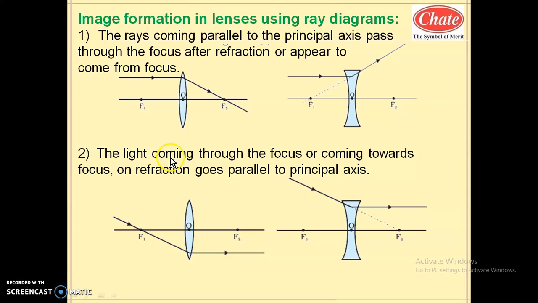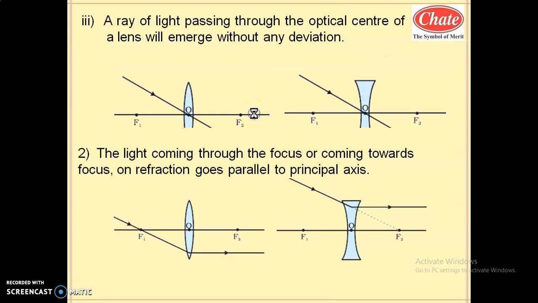The light ray coming through the focus or coming toward the focus, on refraction goes parallel to the principal axis. So these are the two laws for drawing the ray diagrams for lenses.